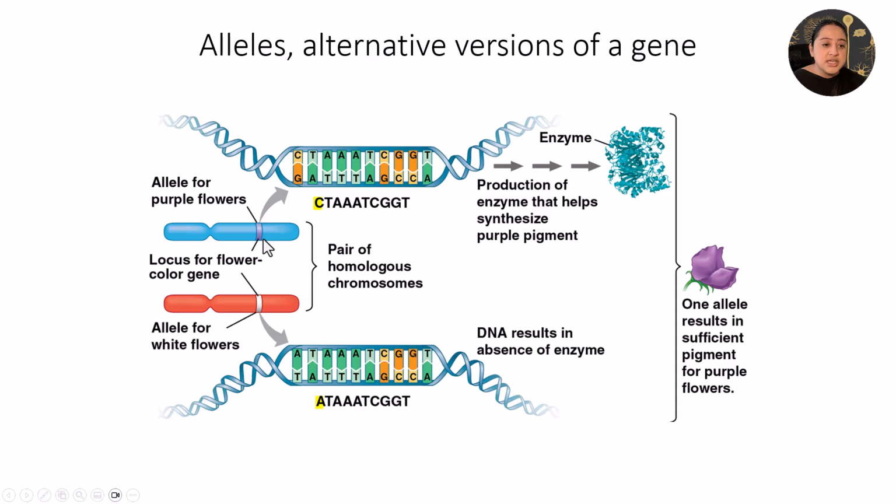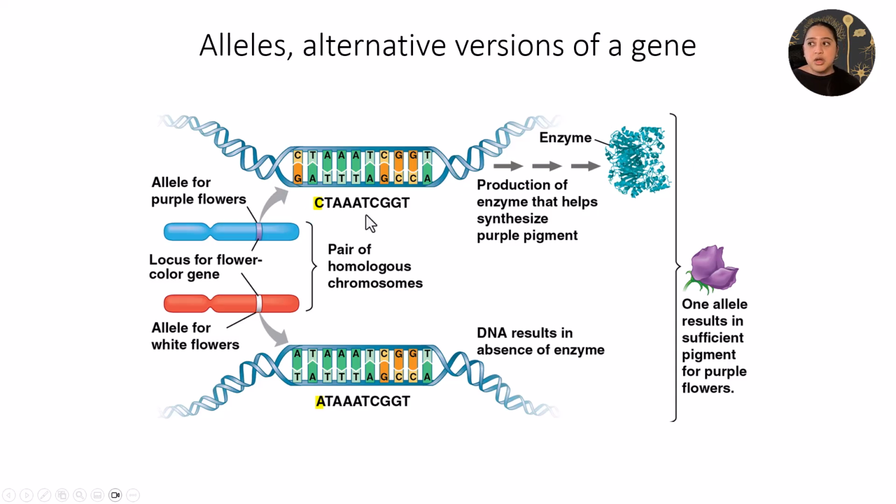The gene for flower color is at the same locus, as we call a location on a chromosome, on this chromosome as well as the other one, because they're homologous. You can have two of the same version, the same allele, or one of each. This version at this locus has the allele for purple flowers, and that's how this ends up purple.